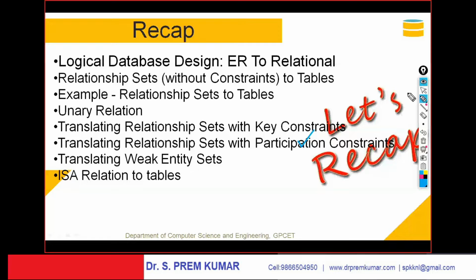For the descriptive attributes also we need to create some tables. So finally the entity relationship diagrams are getting converted into tabular representations. Into the tables we will be storing the data.